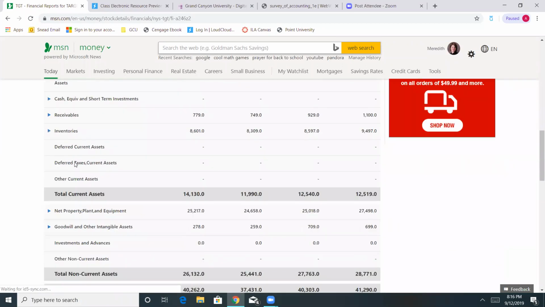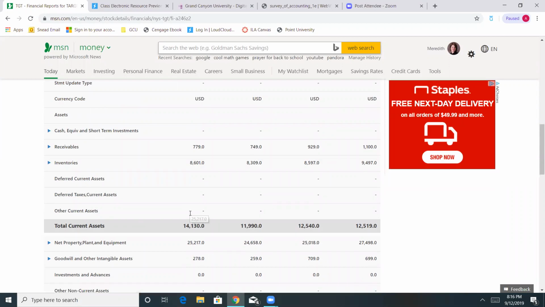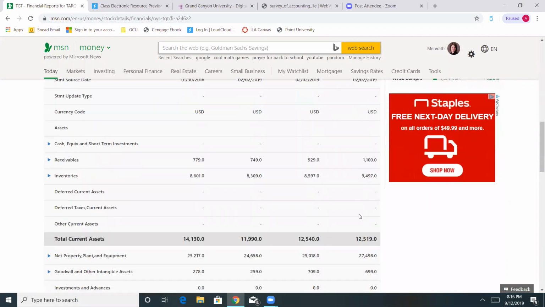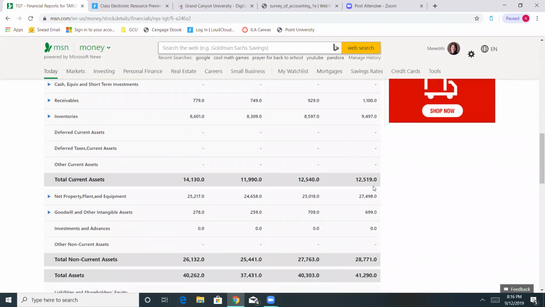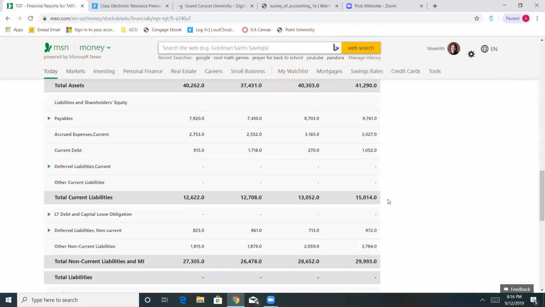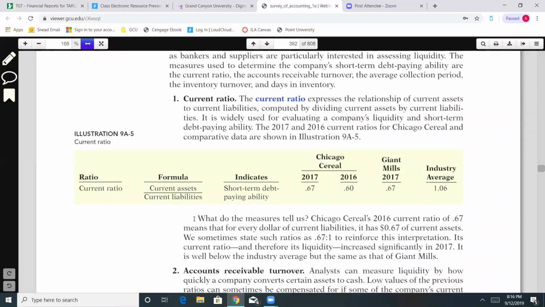Here's total current assets. Make sure that's the correct year. Let me scroll up. Okay, the most current year is over on the far right. So you're going to use that 2019 number, total current assets. There it is. And then let's scroll on down. We should find current liabilities. There it is. So you're just going to plug those numbers into the formula, which is current assets divided by current liabilities, and see what you get.